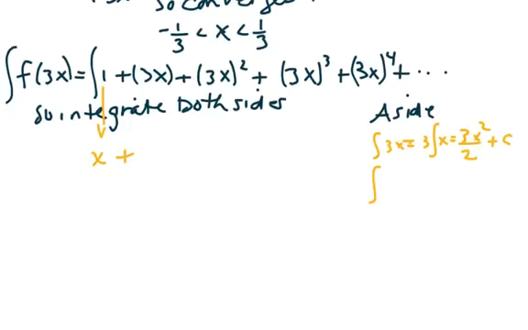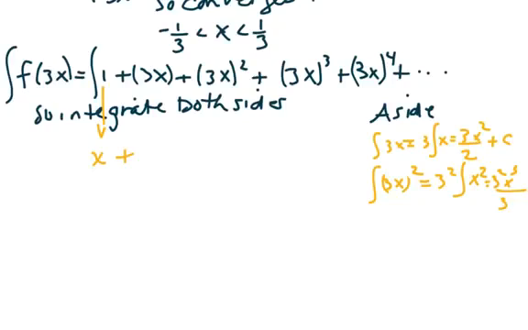And the next term, the integral of 3x squared, I just pull out the constant, and this is 3 squared times the integral of x squared, which is 3 squared x cubed over 3.